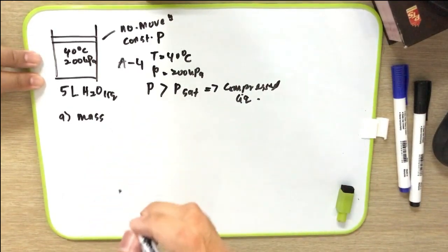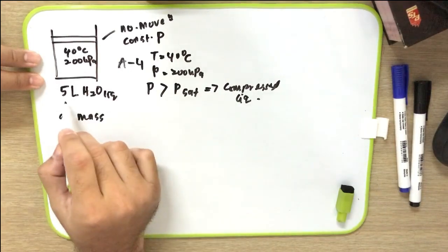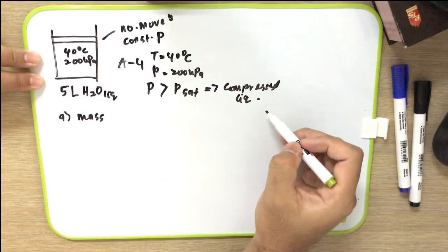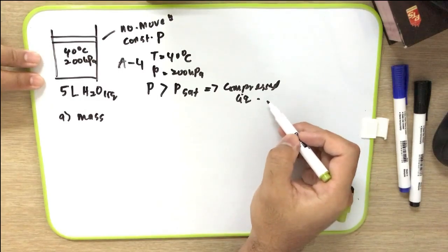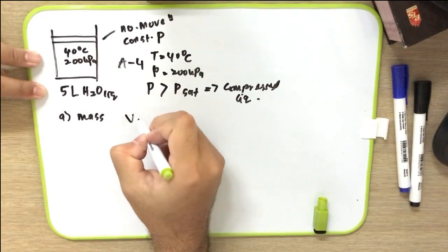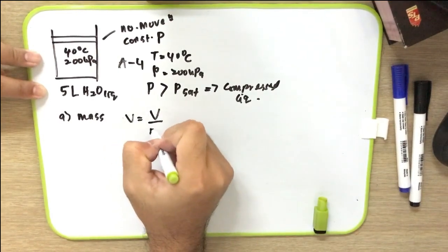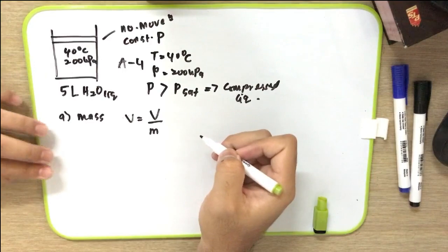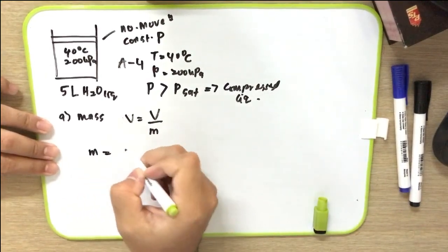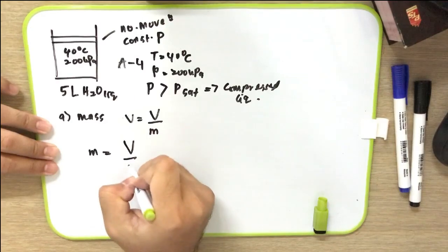So in order to find mass, we know the volume, and we also know it is a compressed liquid. How to find it? We need to use this equation: v is equal to V over m. So we rearrange, m is equal to V over v.